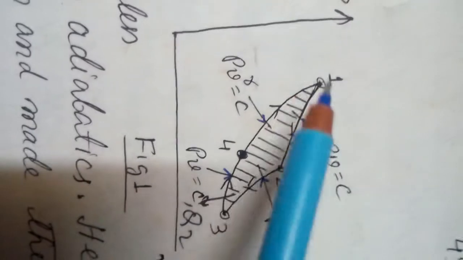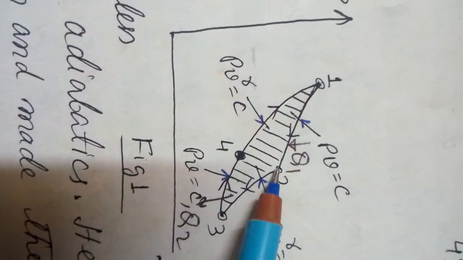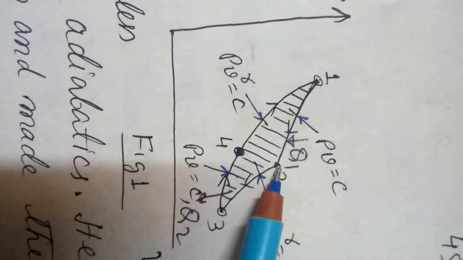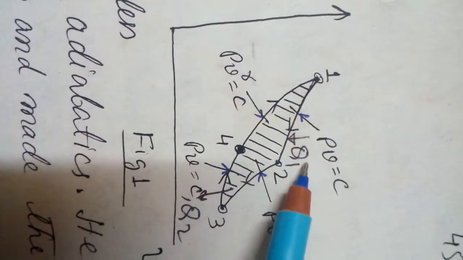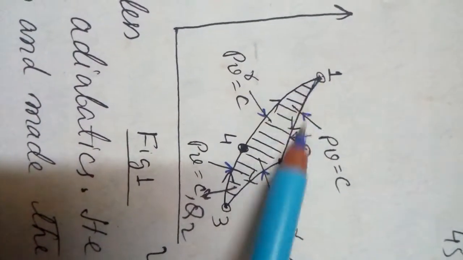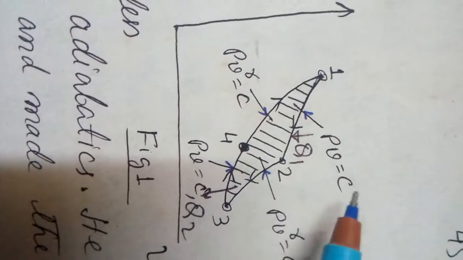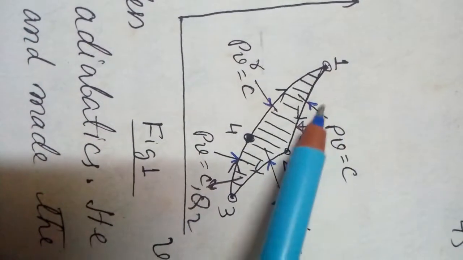Okay. Now this 1 to 2 is the isothermal heat addition process. Q1 is the heat added in this process. This is the equation of the isothermal.